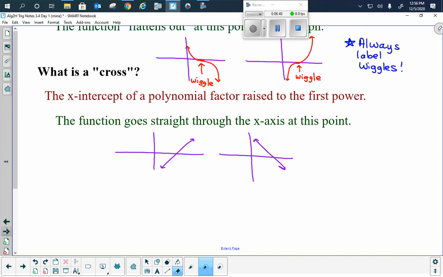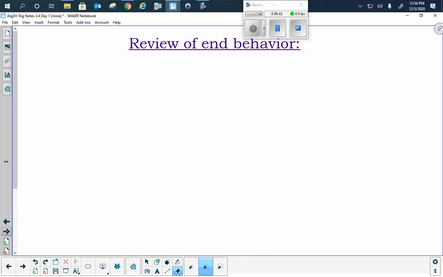All right, so let's review real quickly. Draw me a quick sketch of what y equals x to the first, x to the second, x cubed, x to the fourth, x to the fifth, x to the sixth, and x to the seventh parent graphs look like.